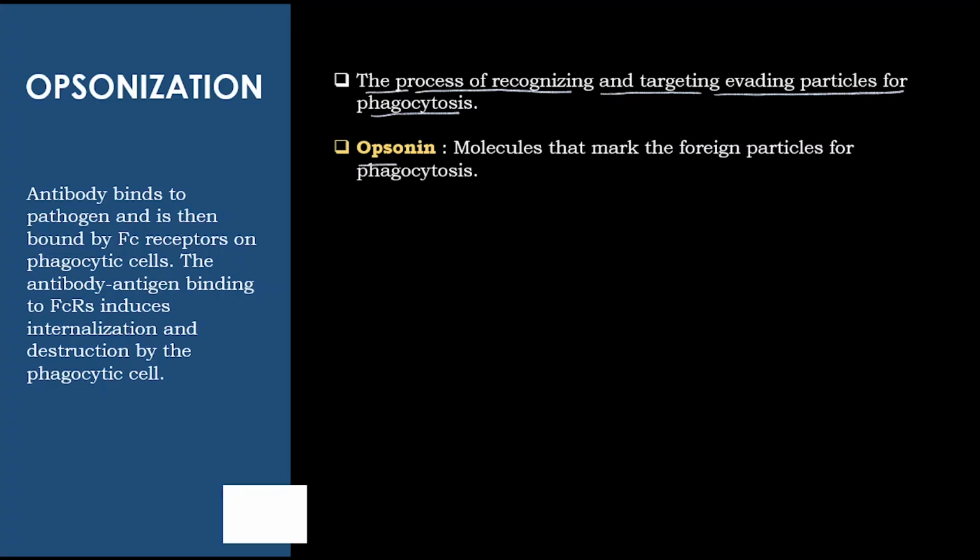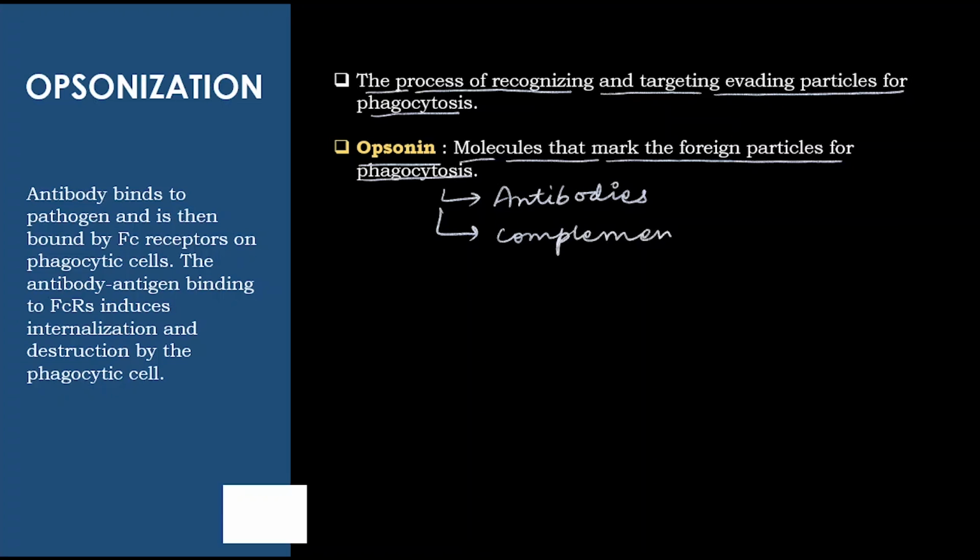Now, what are opsonin molecules? Opsonin molecules are the molecules that mark the foreign particles for phagocytosis. Now, there are two types of opsonin molecules. First is the antibodies, and second is the complement C3b.